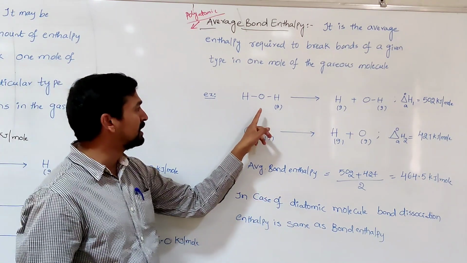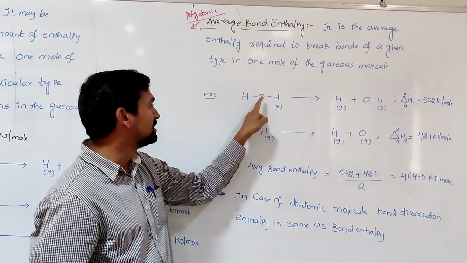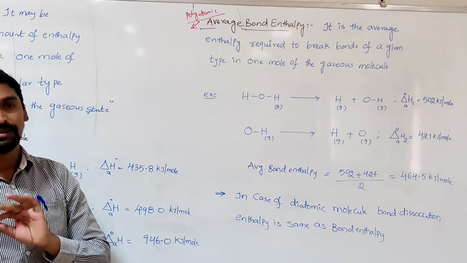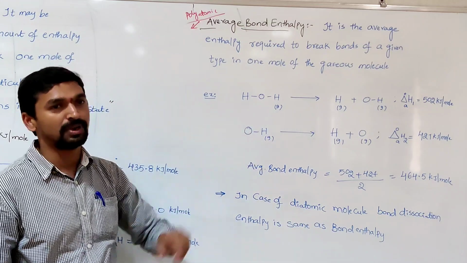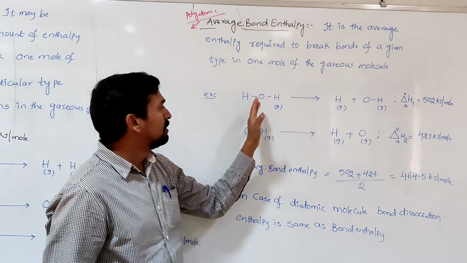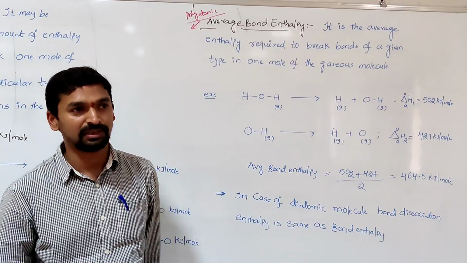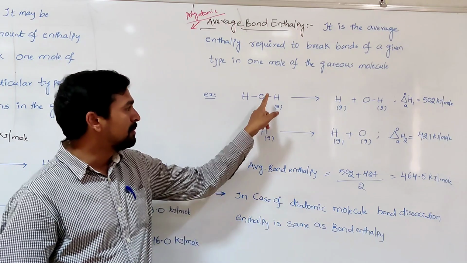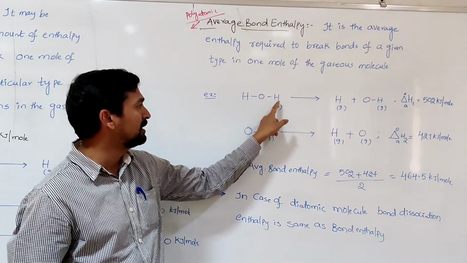What are the 2 bonds? One is an oxygen-hydrogen bond, another is also an oxygen-hydrogen bond. So it seems to be the same type of bond, O-H bond, here also O-H bond. Whenever this water molecule is involved in a particular reaction, first we can break only one covalent bond, the bond present between O and H.